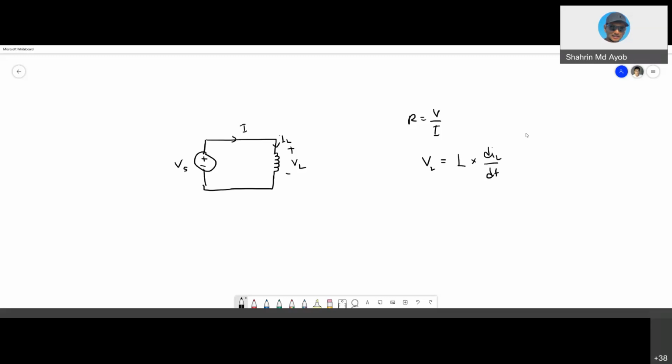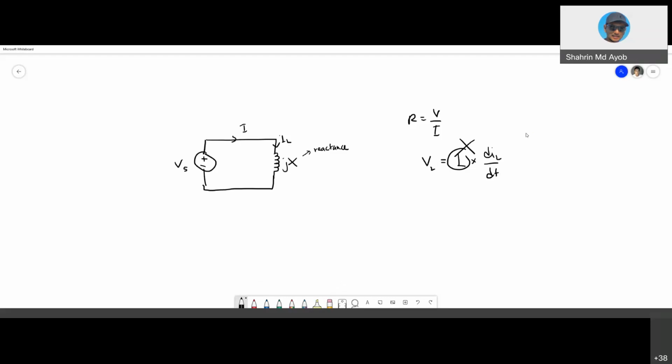Usually in our AC circuit analysis, since this involves derivation, we simplify the analysis. Instead of using this, we represent the AC circuit in phasor form. So instead of L, we have jX, where X is what we call reactance.